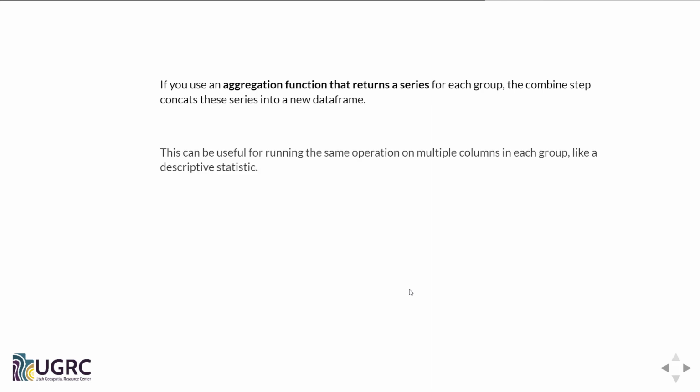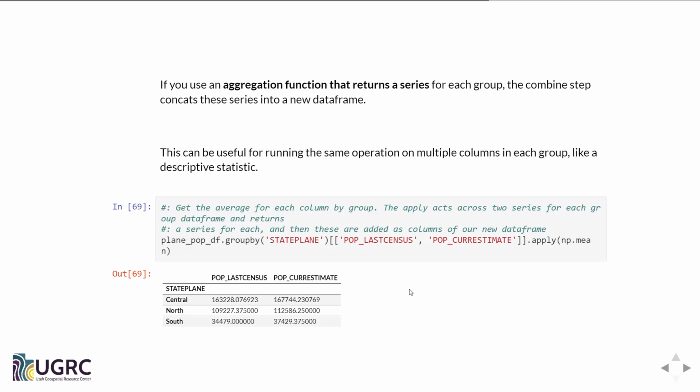What if you use an aggregation function that returns a series for the whole data frame? It then takes those series and concats them into a new data frame based on the column name. So if you want to run the same operation on multiple columns, like a descriptive statistic, this can be useful. So I'm going to, again, group by state plane.